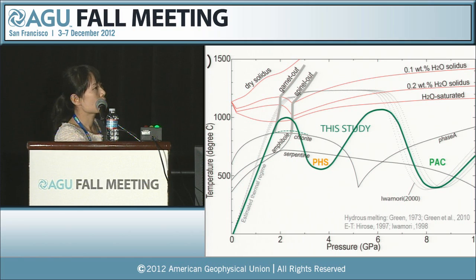This is a PT diagram, and the green curve is our result in this study, the estimated thermal regime.